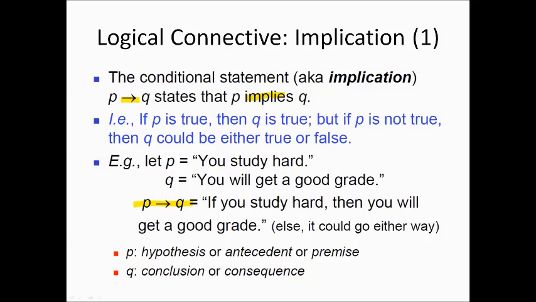Remember, class, if you're using the implication or implies, we are using the words if and then. By the way, P is the hypothesis or antecedent or premise. Q is the conclusion or the consequence. So again, if you are going to use the implication, you are to use the if and then.